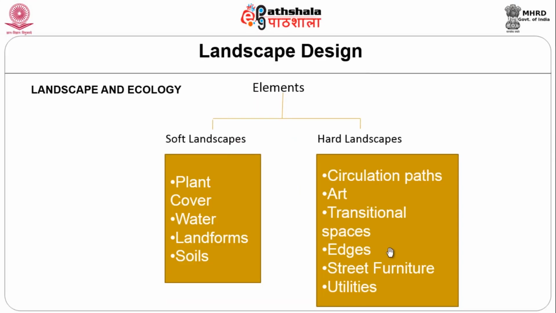Now, how do we choose this soft landscape? How do we choose this hard landscape in an urban landscape design? We have seen these examples in the communal gardens, public parks or public plazas, greenways, waterways, meadows, courtyard, atrium, communal gardens and edge of the space.